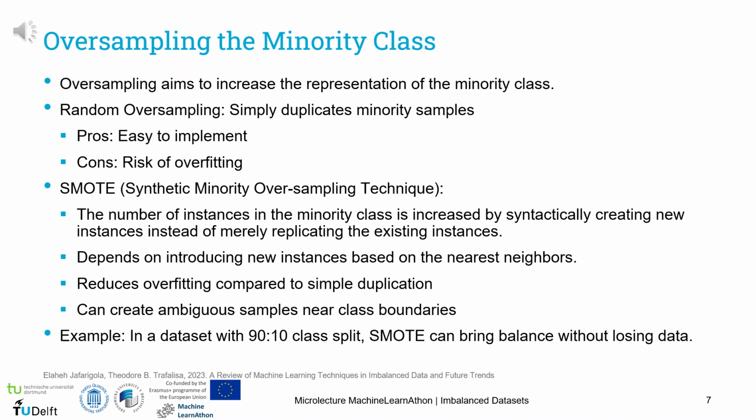With this technique, you also increase the number of minority class samples, but you do that based on the nearest neighbors algorithm. So it also introduces new instances, and it reduces overfitting compared to simple duplication, but it can create ambiguous samples near class boundaries.